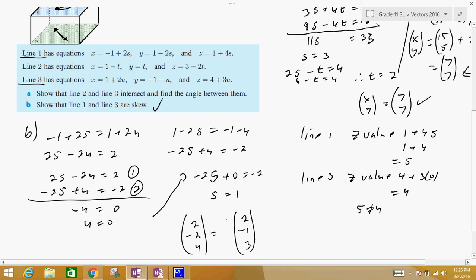And the question is, is it possible to have a multiple of one direction equal to the direction of the other one? And clearly it's not, because if m equals 1, this is equal to this, but this wouldn't equal to this. And therefore they're not parallel, and do not intersect.